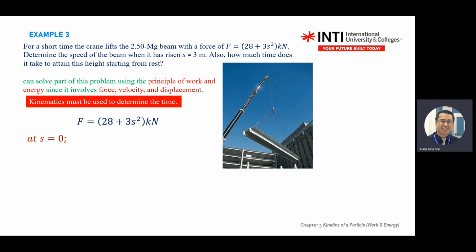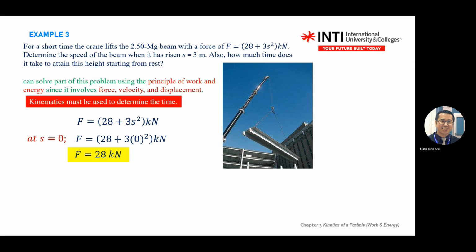You substitute 0 here, how do you get 0? What do you get? 28 kilonewton. When your distance is 3 meters, not 3 seconds, what is your force?